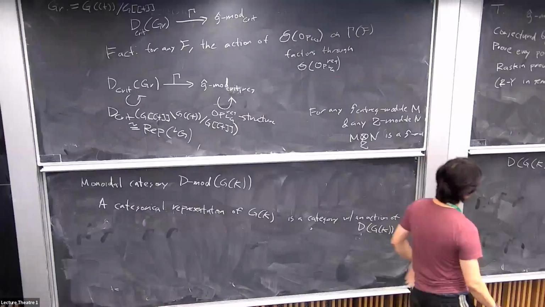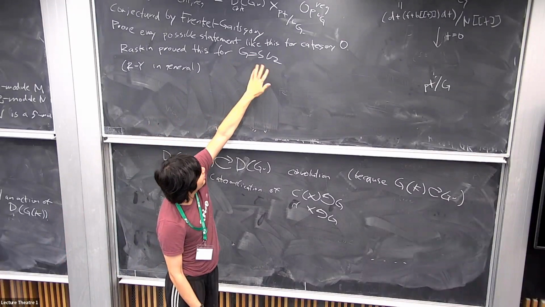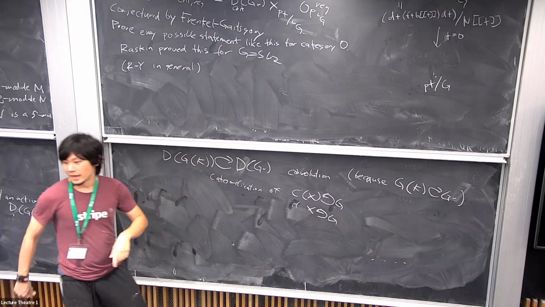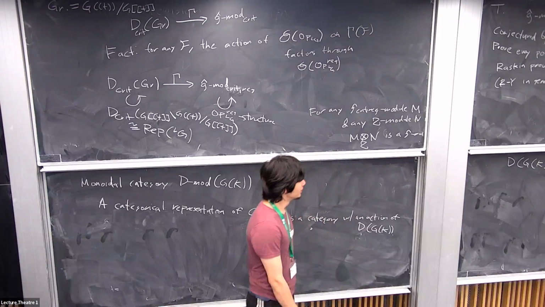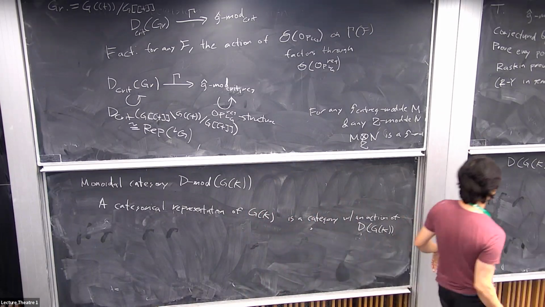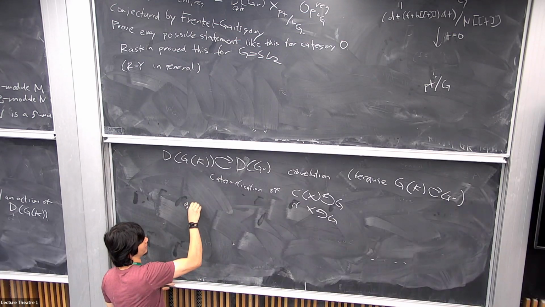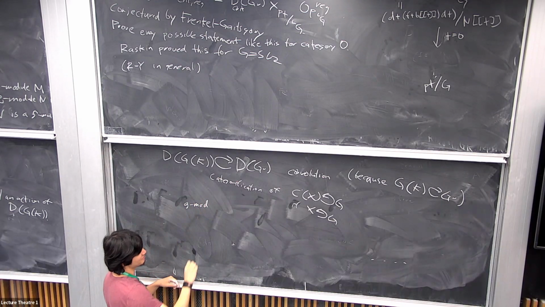It's a little less obvious, but you can check that the point mod LG action commutes with this G action, and so this right-hand side has a D of G(K) action. Why does the left-hand side have a G(K) action? Well, I'm going to work finite dimensionally to illustrate this point.